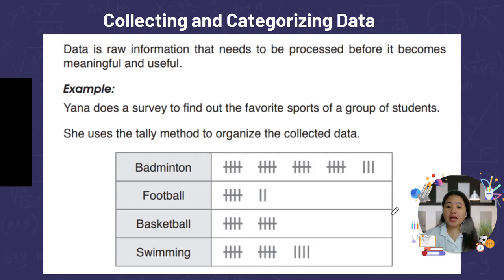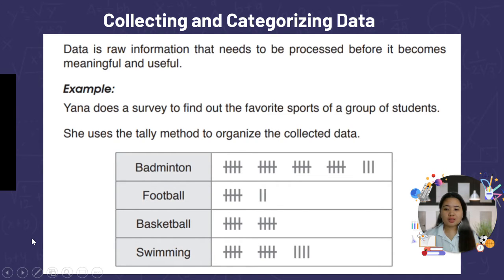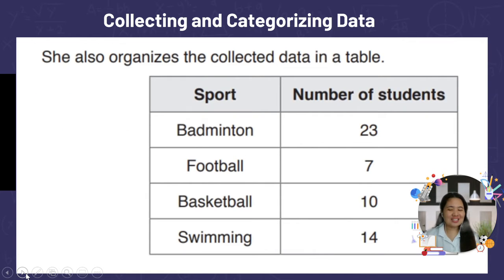Then the last one, swimming. 5, 10, 11, 12, 13, 14. So lastly, there are 14 students who like swimming. Let's check if it is correct. 23, 7, 10, 14. That's correct.